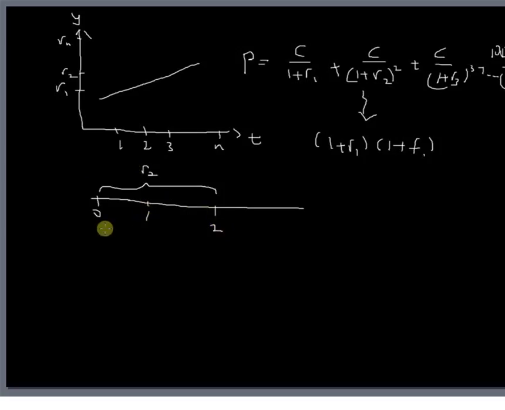We have R2 here, we have R1 here, then we have F1 here. 1 plus R2 squared is equivalent to 1 plus R1 times 1 plus F1. So our objective in plotting the forward rate curve is to get all the forward rates: F1 as at year 1, F2 as at year 2, F3 as at year 3, and plot the forward curve.